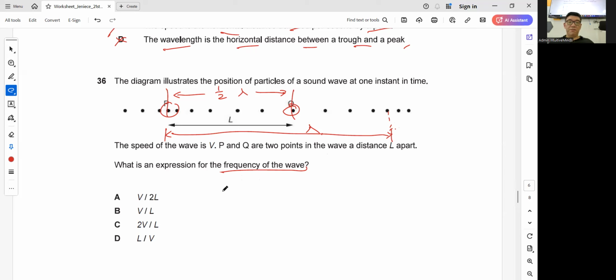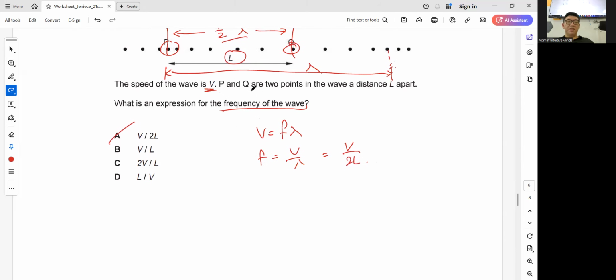Frequency of a wave, speed is V, so V equals F lambda, F equals V over lambda. What you see here is 2L. So V over 2L, because lambda is 2L. L here is half a lambda. So lambda will be 2L. Done.